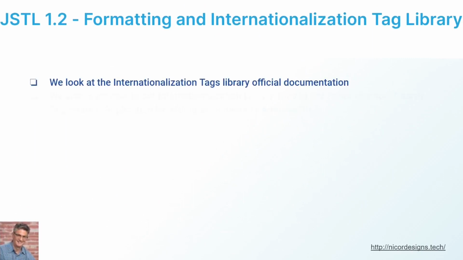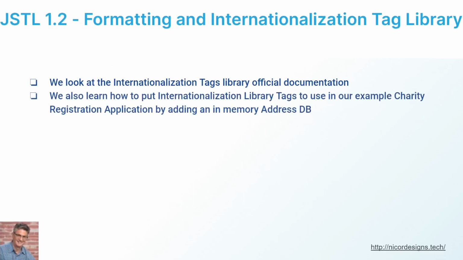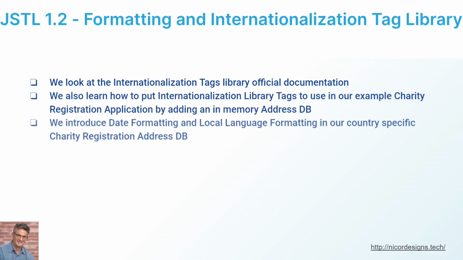We look at the Internationalization Tags library documentation first, and we learn how to use them by adding an address database to our charity registration application. And we then introduce date formatting and local language formatting in our country-specific charity registration address database.